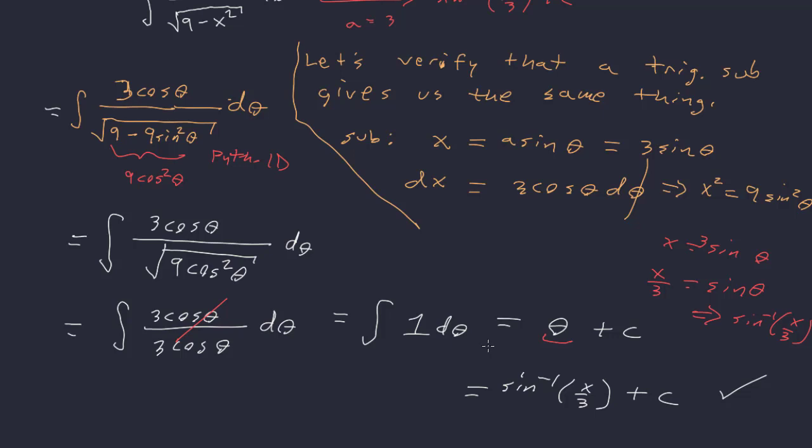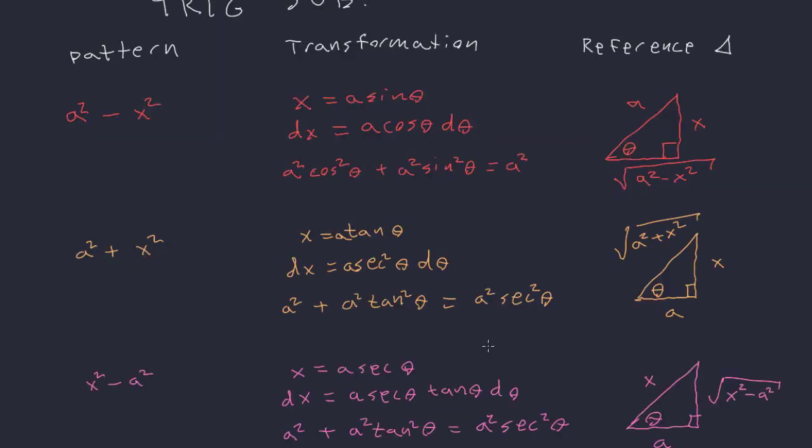Let's start looking at some of the other transformations, say involving tangent or secant. But before we do that, let's break down all of our possibilities. So here's the breakdown of the three different trig subs that we have, in relation to their pattern.